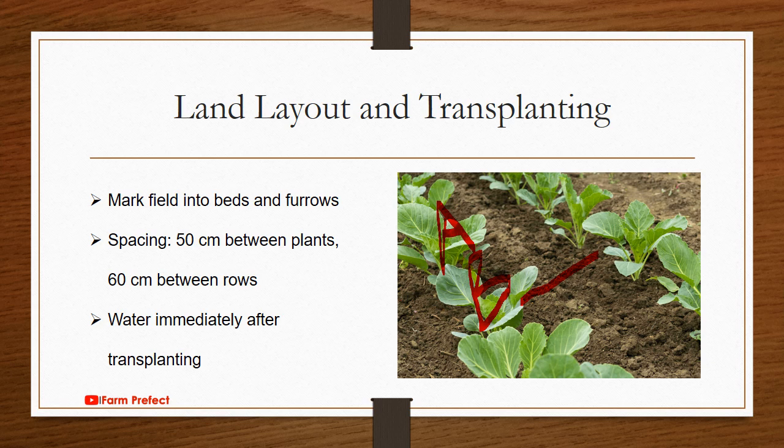50 centimeters between plants. Okay, I want to see if I can get a highlighter for that. So 50 centimeters between plants, so that would be here, between crop A here and then crop B. It should be 50 centimeters.